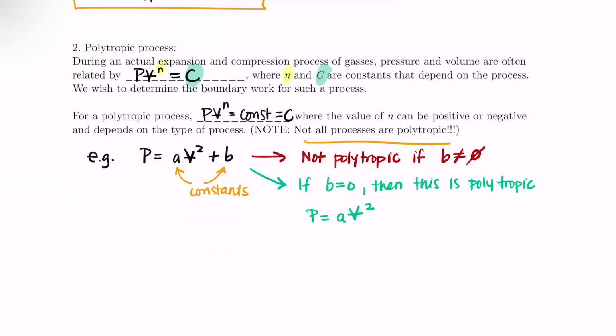We can rewrite this as P divided by V squared equals A, which is just P times V to the minus 2 equals A. So we have that n is equal to minus 2 and C is equal to A.